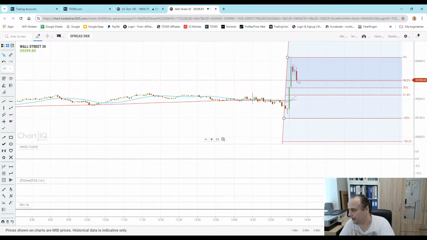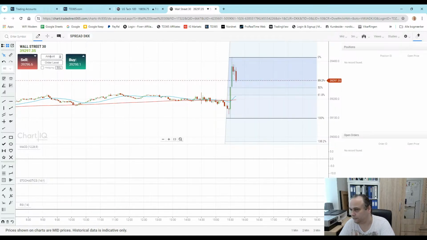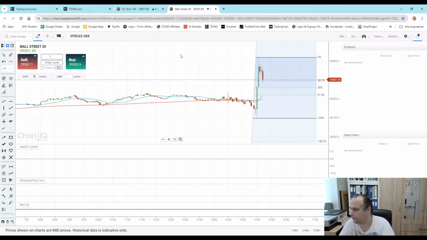So my point right now is that if it doesn't produce some green that starts to go upwards again, it's going to produce more red that has to go to either the 50% or the 61%. So I want to see how this next candle opens and closes, because this offers me an entry. And I can just make one CFD as an example, in case it makes an entry for us.